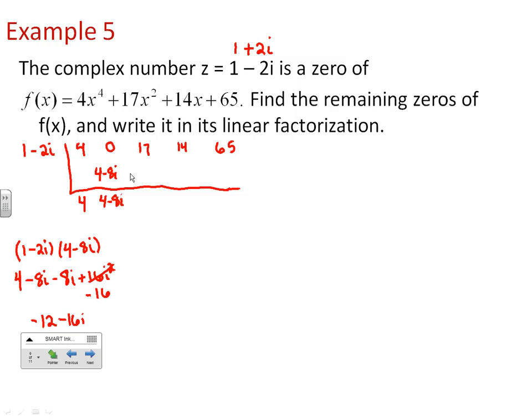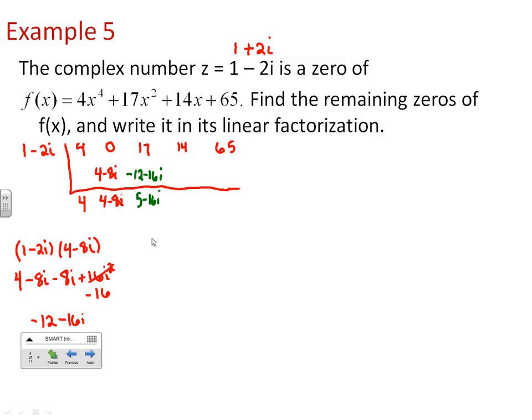So right here under my 17, I have negative 12 minus 16i. So now I do 17 minus 12 minus 16i, which just subtracts the 12, because that's like terms, so that's going to be 5 minus 16i.